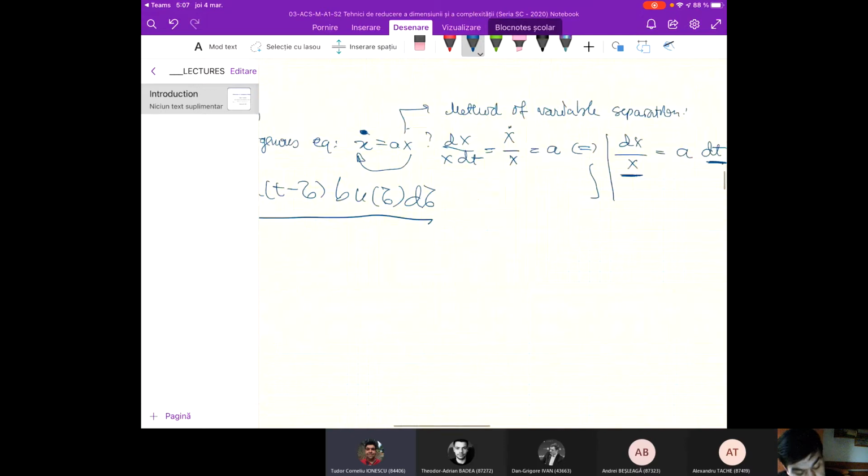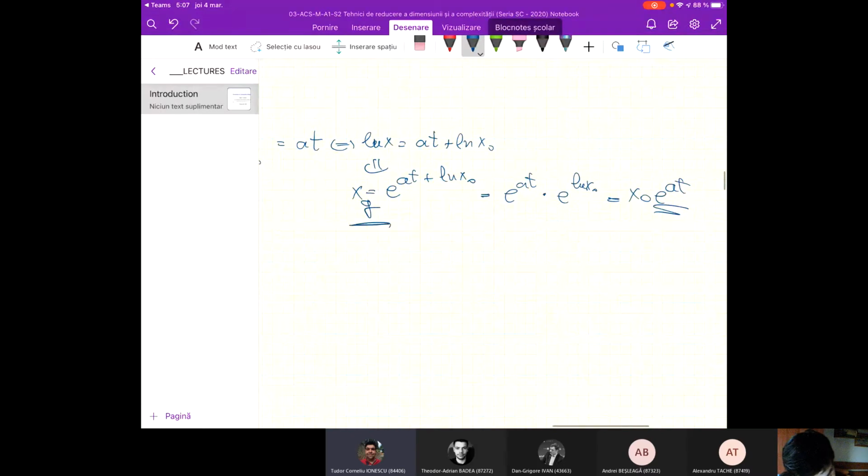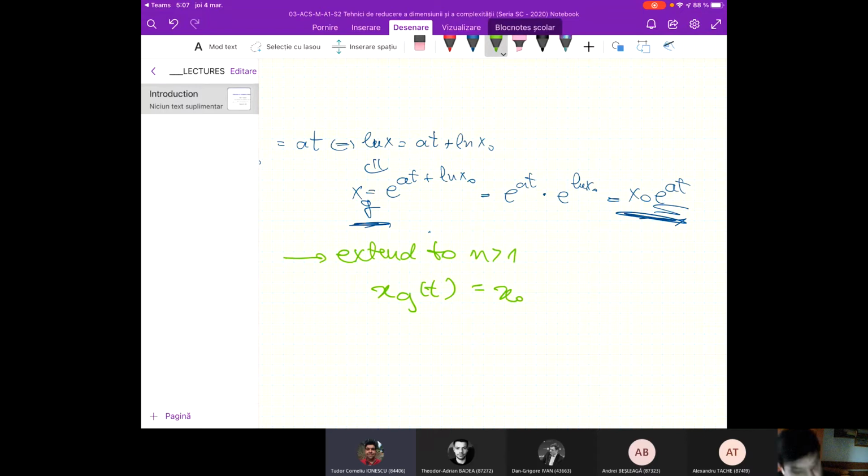Now this can be extended to larger n, and you get xg of t equals the initial condition x naught times the exponential of the matrix A t. This is the matrix exponential, where e to the power At is the identity plus At plus A squared t squared over 2, and so on and so forth.